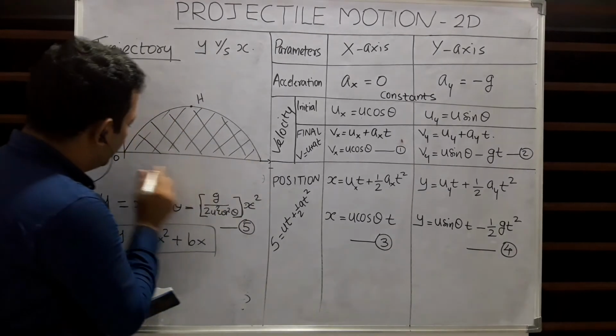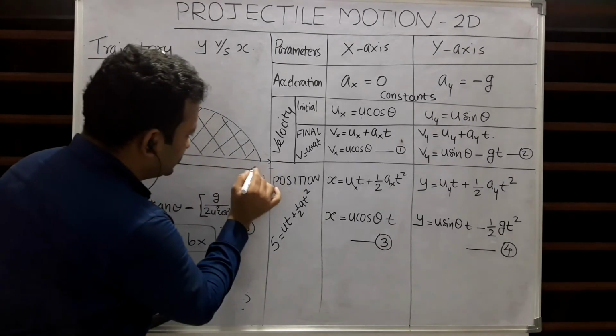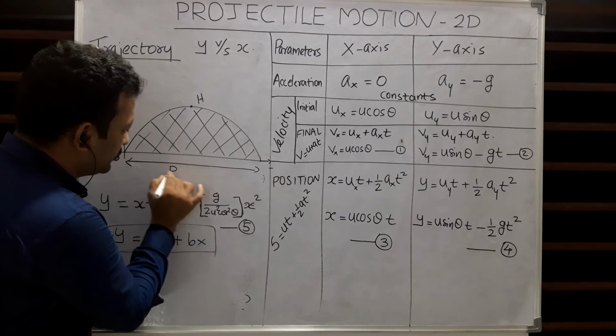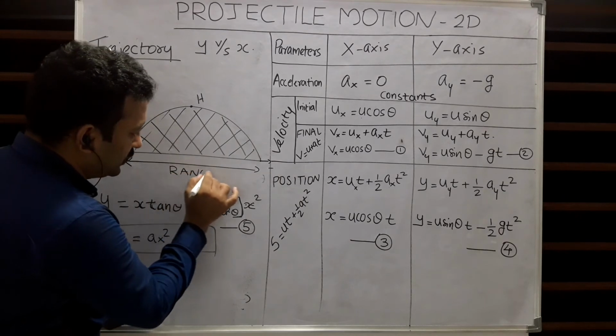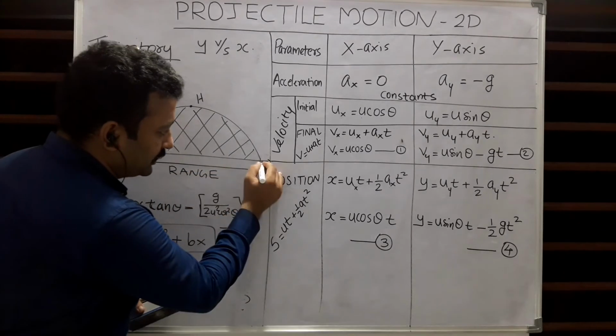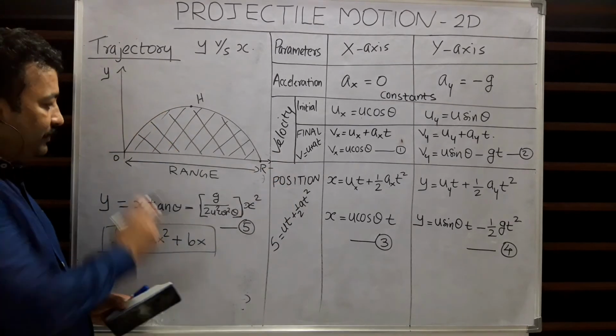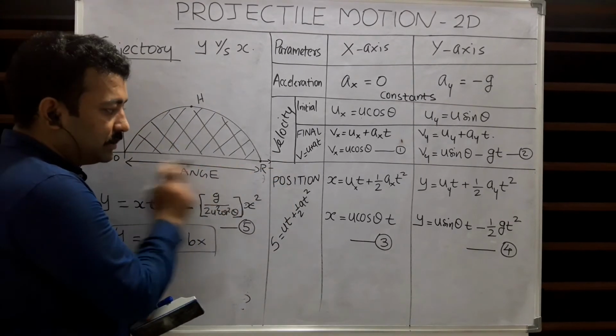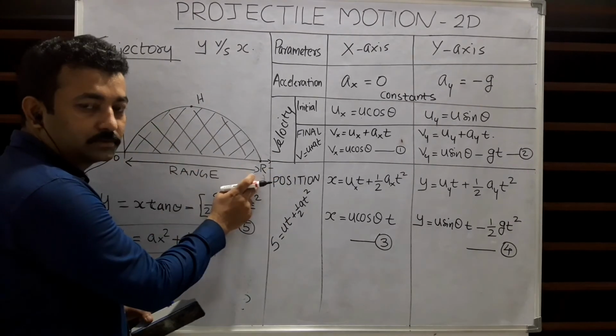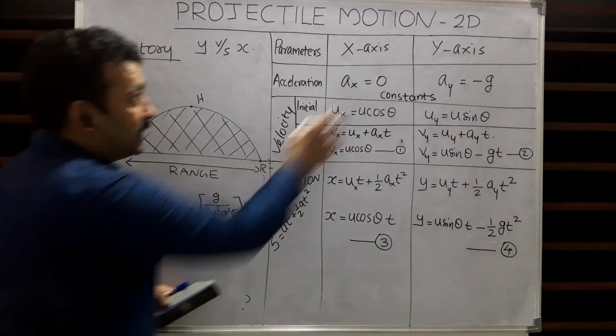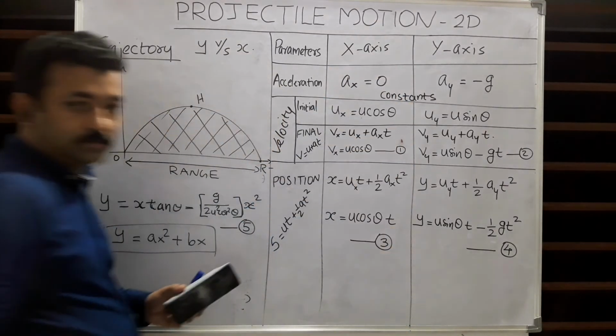X distance covered, we will call the range of the parabola, and this point we can represent as R. So range is an x-axis quantity.